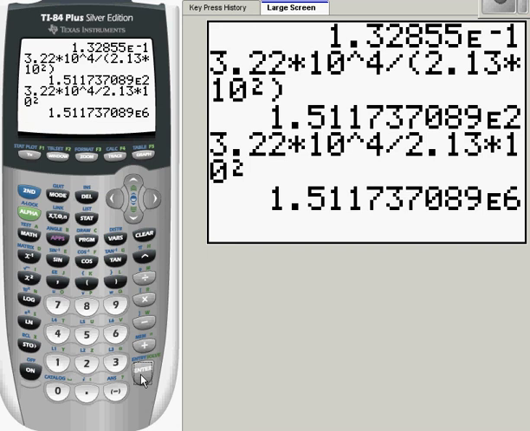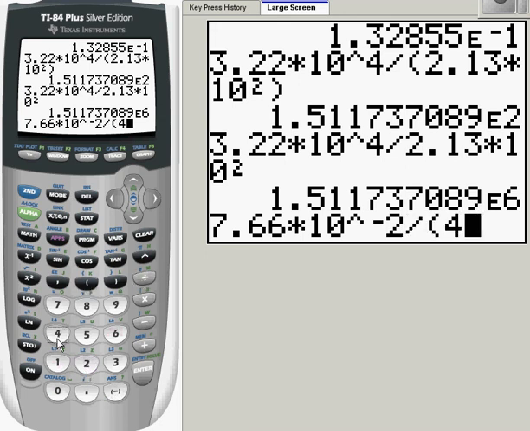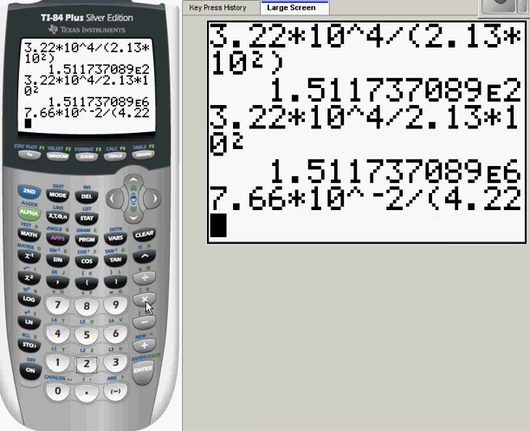It's 7.66 times 10 caret negative 2 divided by parentheses for the denominator 4.22 times 10 caret 7 end parentheses, enter, and you get the same answer, 1.815165877 times 10 to the negative 9.